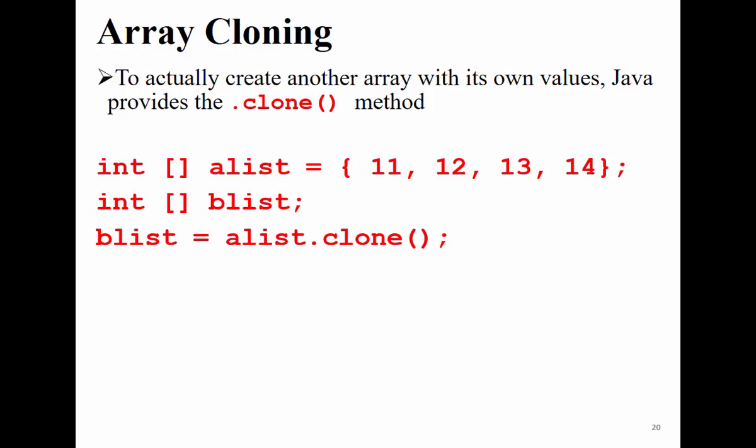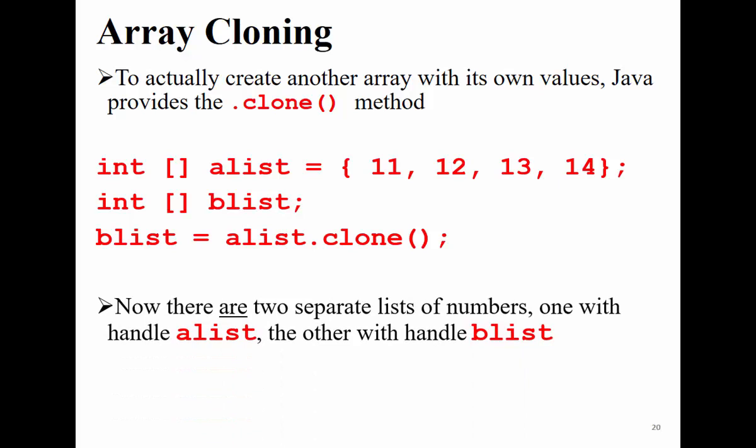And we define another, pList, as an integer array, and now we use .clone. This will copy all the elements inside the array into pList. So now we have 2 separate lists of numbers, and they have 2 different handlers. One is aList, the other one is pList.